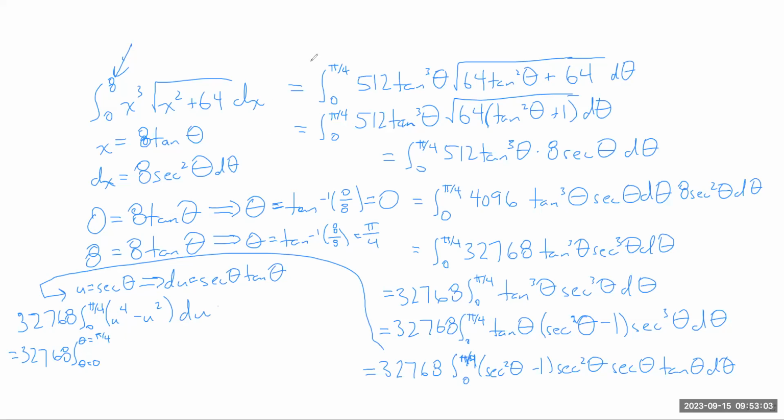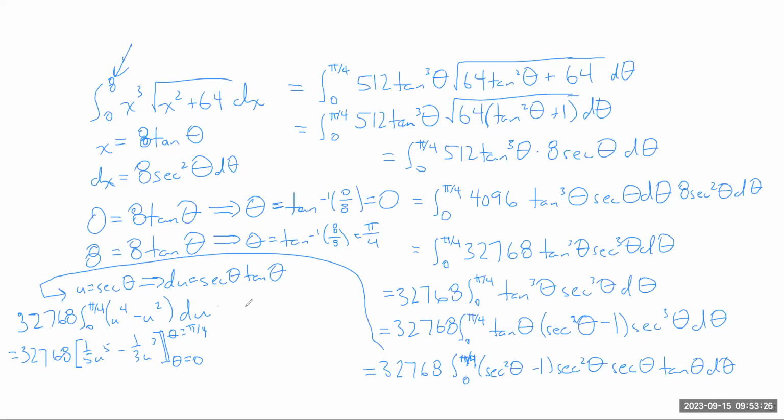That's not even what I meant to do. I don't need to write that down again. I know how to integrate this. So this becomes 1/5 u to the 5th minus 1/3 u cubed. Then I'm going to evaluate this at theta equals pi over 4 and theta equals 0.